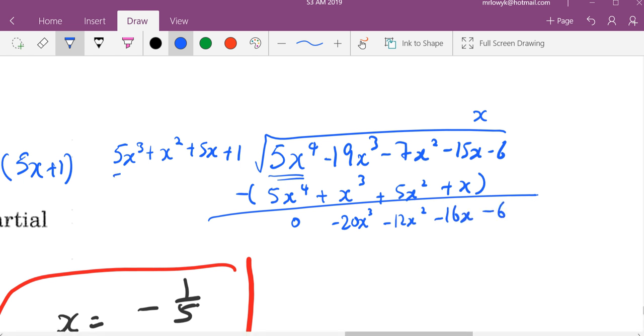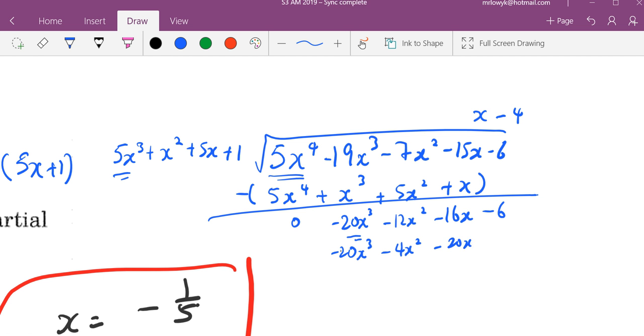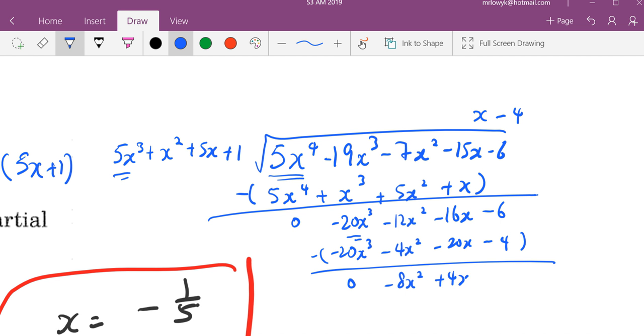So 5x cubed, negative 20x cubed, minus 4, minus 20x cubed minus 4x squared minus 20x minus 4, minus the whole thing, 0. Minus 8x squared plus 4x minus 2.